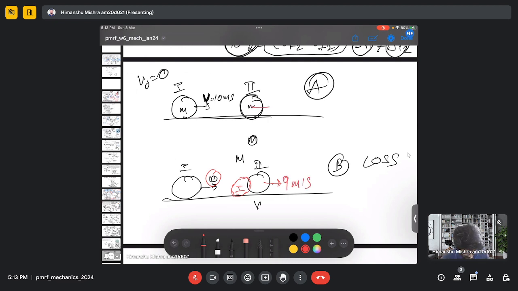But in case A, since there is no loss in the kinetic energy, when it collides, it is moving with 10 meter per second. Now you can see the momentum. Here the momentum is high, and here the momentum is pretty much low because it's proportional to 10 minus 0, and here it is proportional to 9 minus 0.